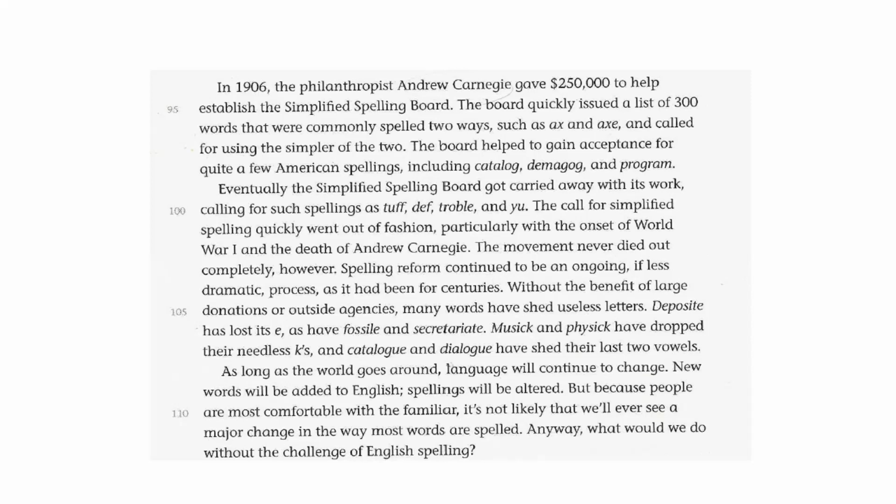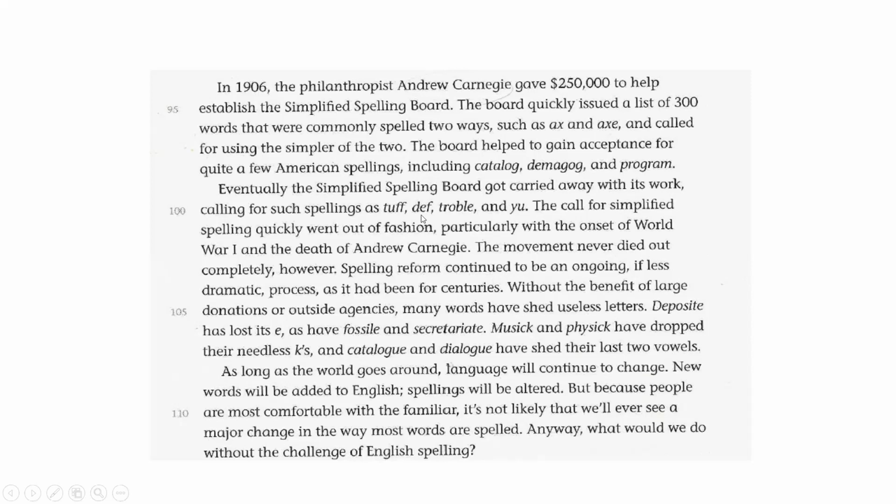Eventually, the simplified spelling board got carried away with its work. Carried away, oh, it's not good. Calling for such spellings as tuff, def, trubl, and yu. So you know, this is still around, but there's also a version TOUGH.